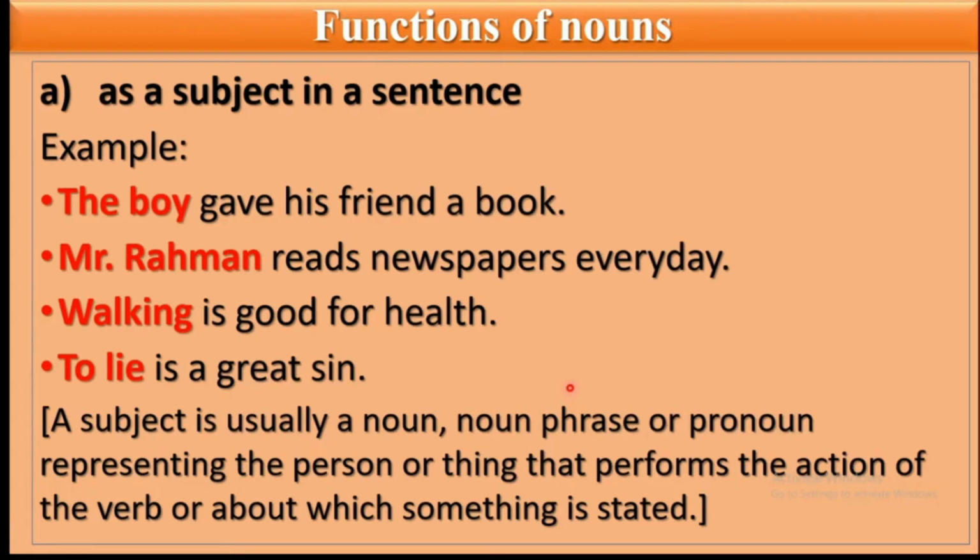It is a great sin. And we should keep in mind that only nouns and pronouns can be used as the subject of a sentence. So the present participle or infinitive can also be used as a noun in a sentence as a subject.